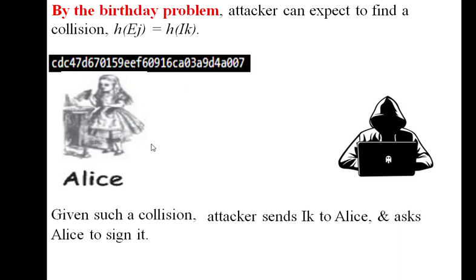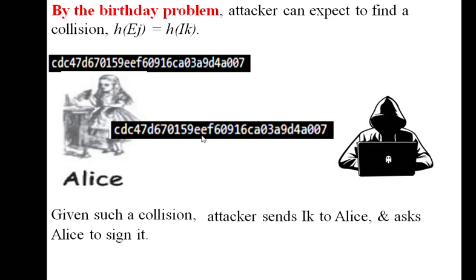Given such a collision, the attacker sends i_k, the innocent message, to Alice and asks her to sign it. Alice checks, oh, this one is an innocent message, so I need to sign this document.